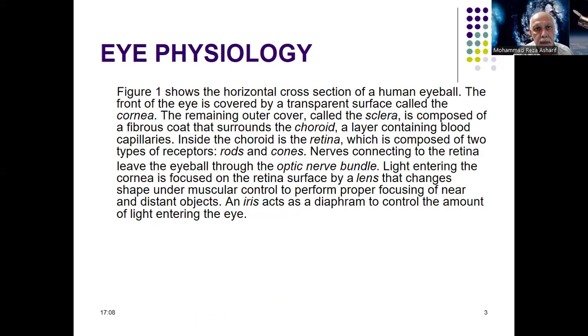This figure shows the horizontal cross section of the human eyeball.